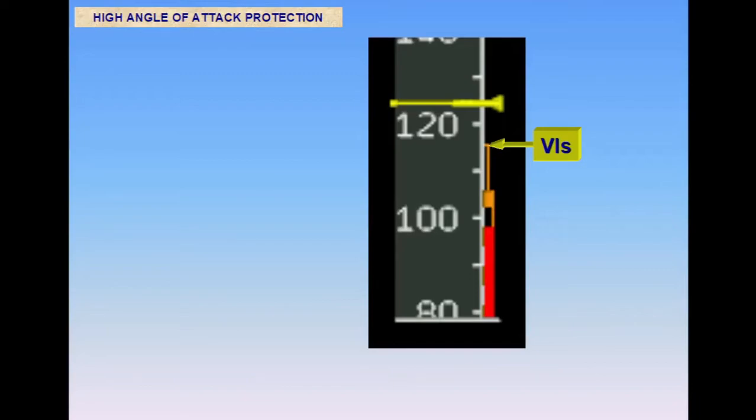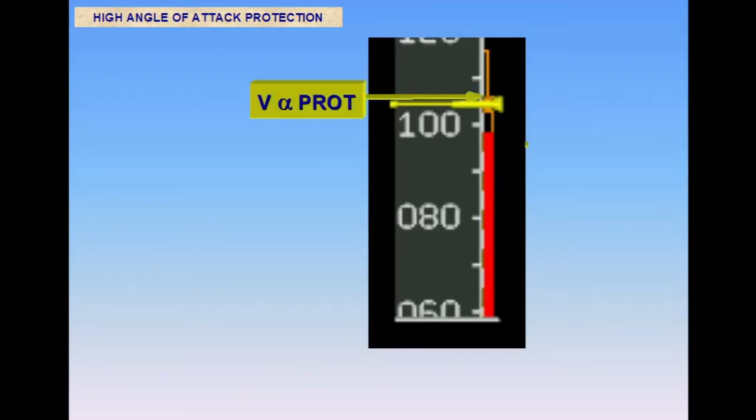With autothrust inoperative or not engaged, the speed can reduce to the first level of angle of attack protection, V alpha protection, which is shown at the top of the amber-black band, the barber pole. The flight control computers will maintain the speed at V alpha protection.